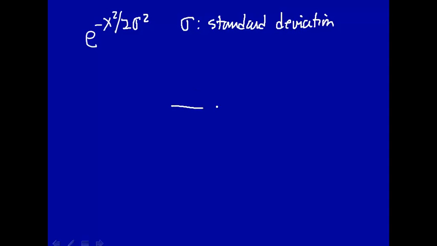If we plot this Gaussian curve, centered at 0, we have the common bell-shaped curve that gives you a distribution, for instance, of SAT scores or various other things, and the width of this distribution is the standard deviation sigma.